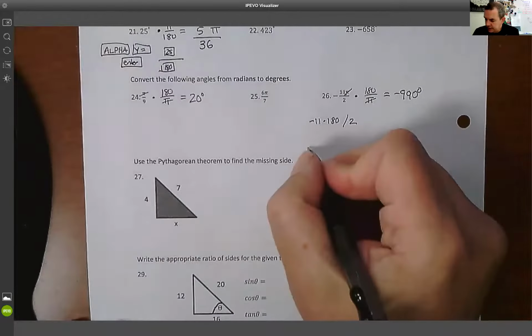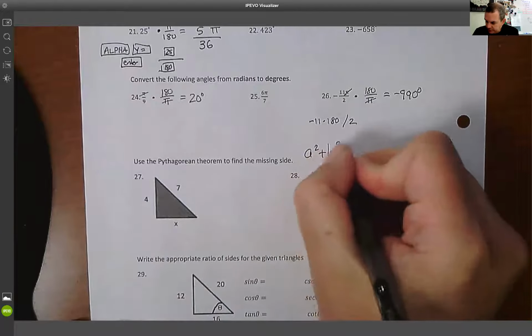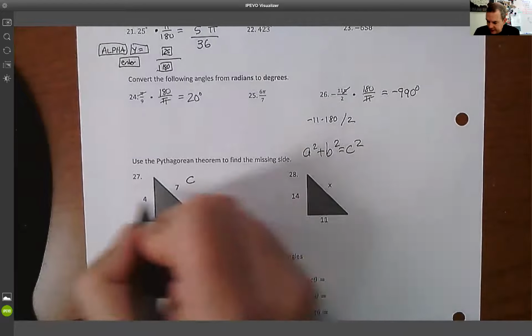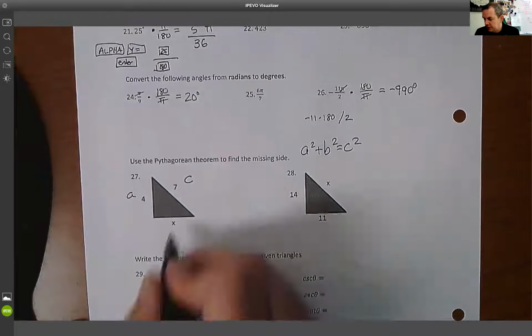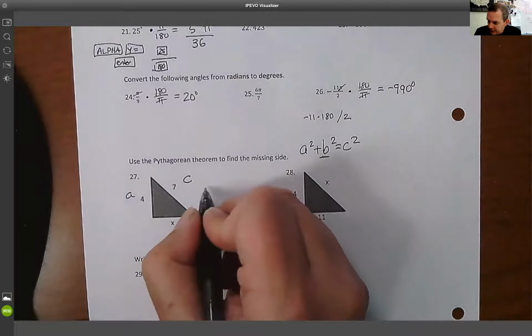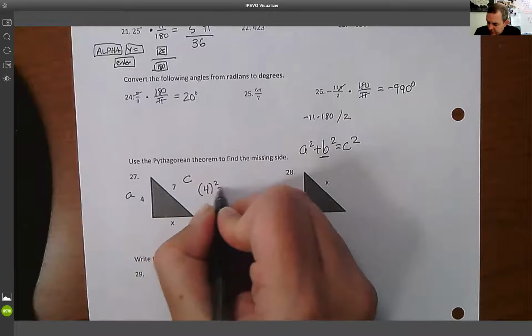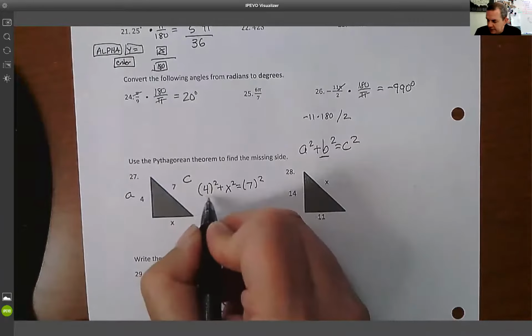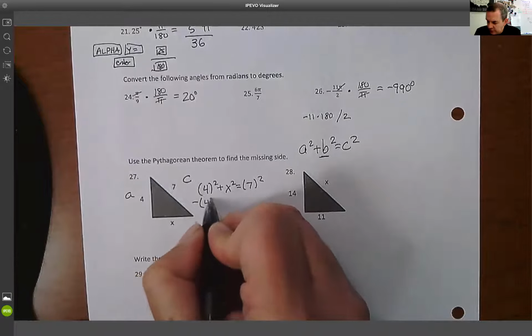Pythagorean theorem is a squared plus b squared equals c squared. So in this case, I gave you c. I gave you one of the legs, a. So to figure out that x, that's this b part, you're going to say 4 squared plus x squared equals 7 squared. And what I said to do is we're going to subtract this 4 squared from both sides.